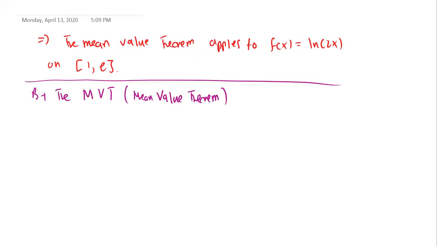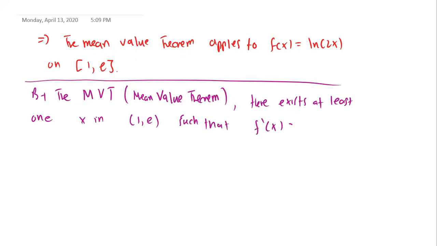So by the mean value theorem, there exists at least one, not once, at least one x in the open interval 1 to e, such that what? Well, f prime of x equals what? Well, the slope of the secant line, which we actually calculated, it's f of e minus f of 1 over e minus 1.